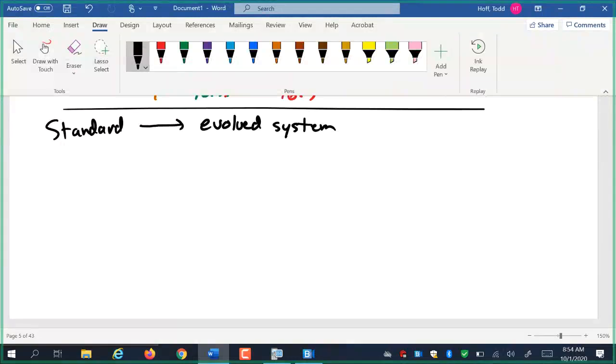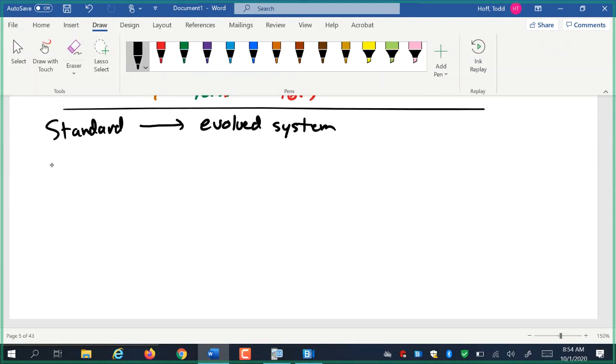Evolved really means there was a need and adjustments were made to fit that need. And more needs occurred, adjustments were made. And that's really what the standard system was. It met needs and we made adjustments to it as the needs changed. And it was never really planned out. That's why we have those awkward conversions, 3 feet in a yard and 12 inches in a foot and all that.